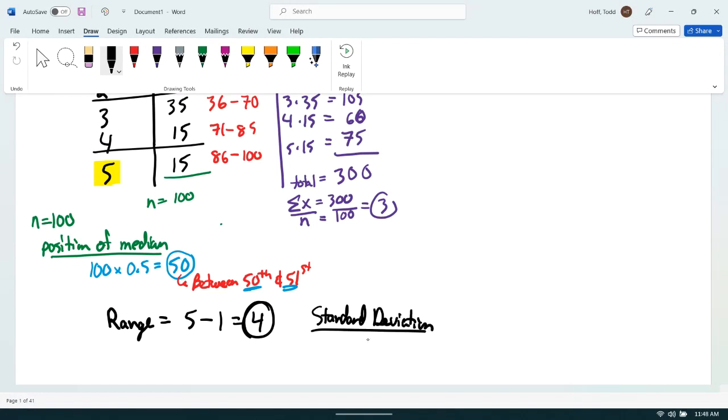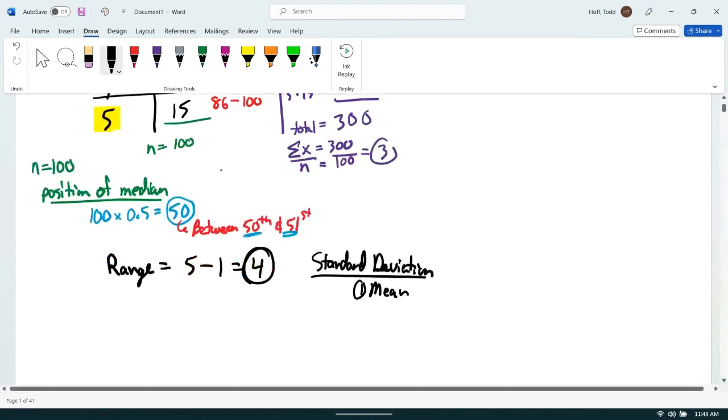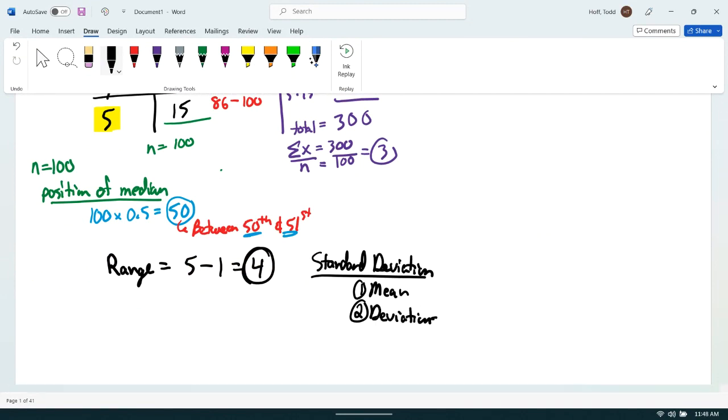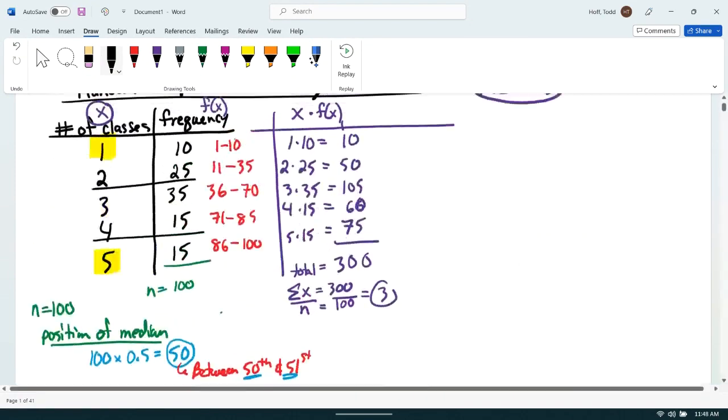Remember, for the standard deviation, the first step is to find the mean. We already found that. The second step was those deviations. Remember, the deviation was the number minus the mean. So let's go up here and do the deviation.